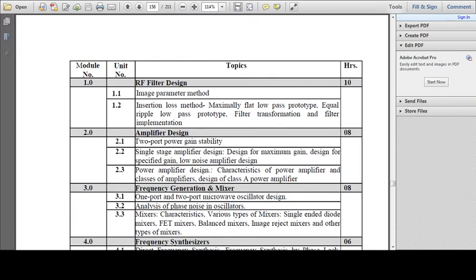Also power amplifier design, characteristics of power amplifiers, classes of power amplifiers and design of a class A amplifier. So in this second module we introduce the various types of amplifier design and the concept of two-port networks. The total number of lectures allocated for this is 8.